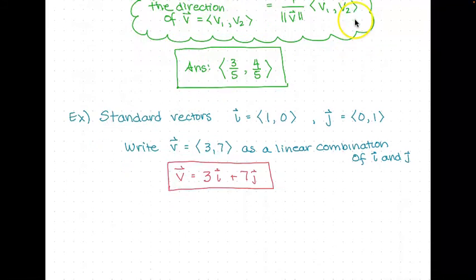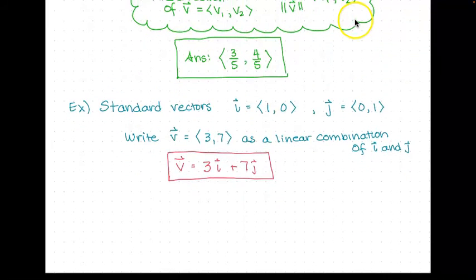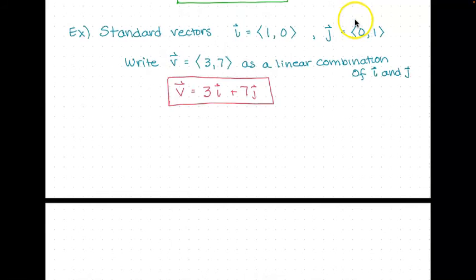And just super quick, I can convince you that's true if you're like, well, that seems easy, but why? Let's plug in. We know that vector i I just told you is 1, 0. And vector j is 0, 1. And then if we multiply by the scalars, we get 3, 0 plus 0, 7.